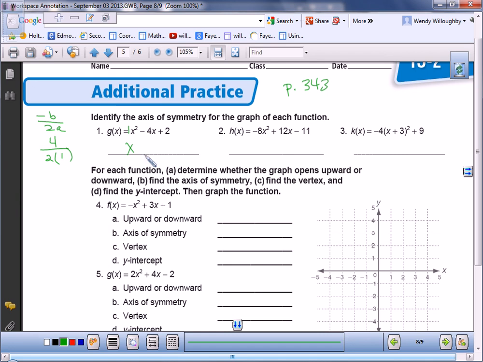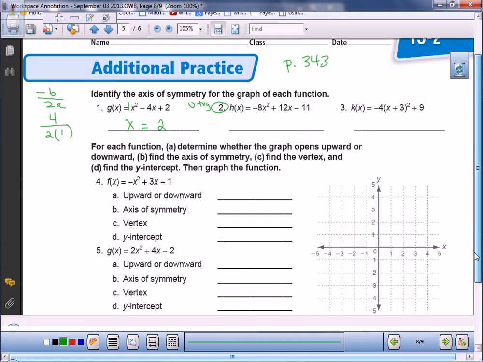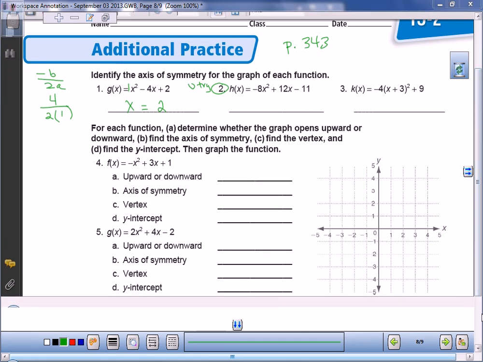You try number 2. You multiply it by 2, right? 2a, yeah, the bottom.